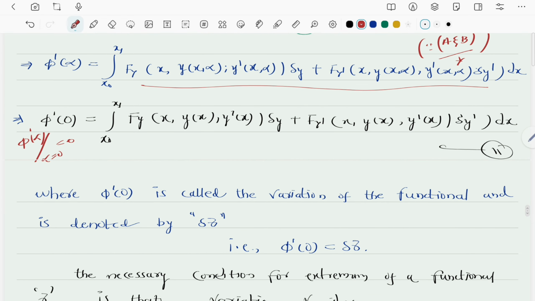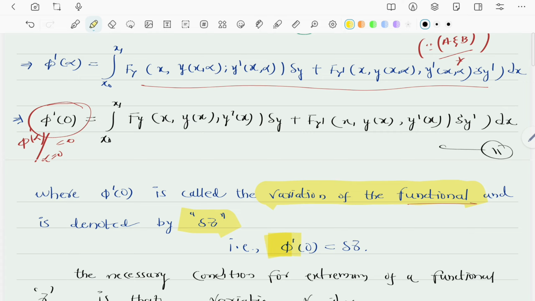Here we are using the function pi dash of 0, where pi dash of 0 is called the variation of the functional, and it is denoted by delta gamma. Therefore we denote pi dash of 0 as delta gamma.